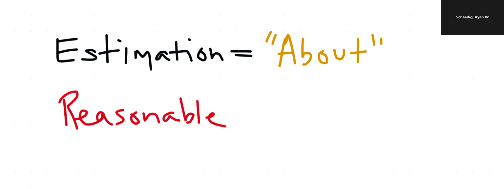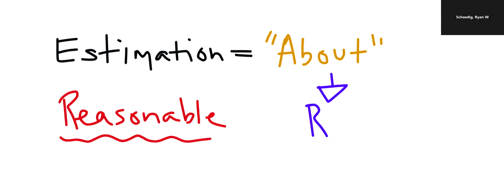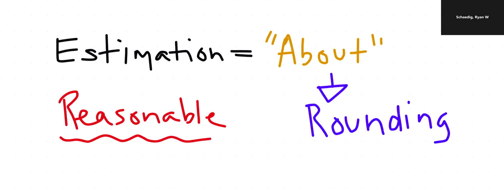When we think about estimation and how to get a reasonable answer, the key skill, and this was in another video, is that estimation is about, and about is the skill of rounding. So we want to make sure that we're rounding. If you're wondering what rounding is, we're going to review that a little bit in this video as we go, but there also are other videos on rounding that I would recommend you check out to get a background.